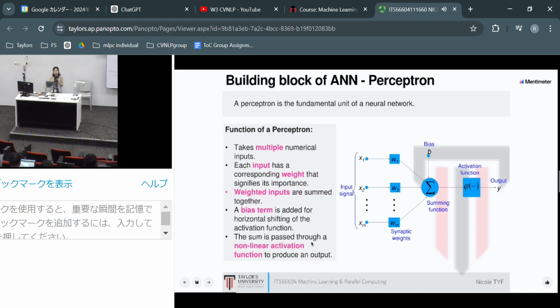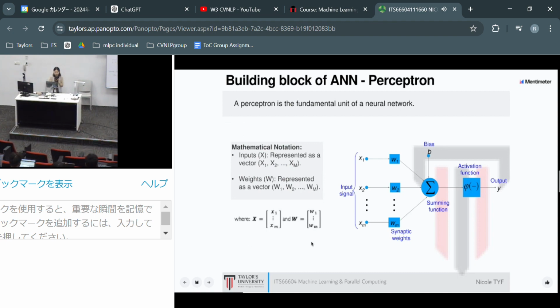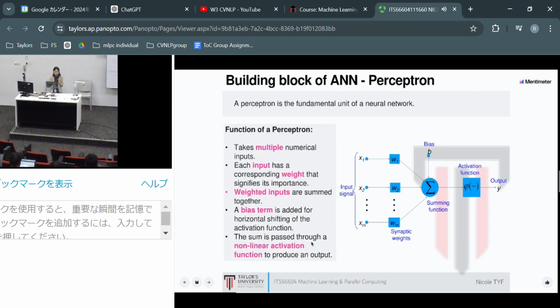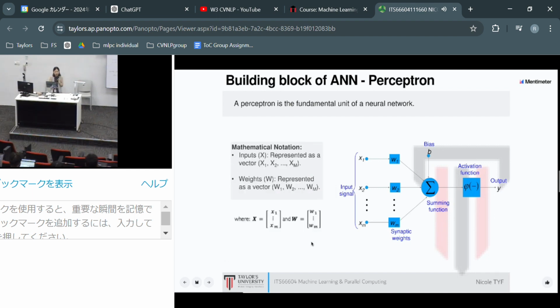If we were to put this into a mathematical notation, it will be something like this. Our input x will normally be represented as x1, x2 to xm. Okay, so they will usually be represented as a vector from x1 to xm. And every single input over here will be weighted, and these weights are exactly what our neural network is trying to learn from our data.